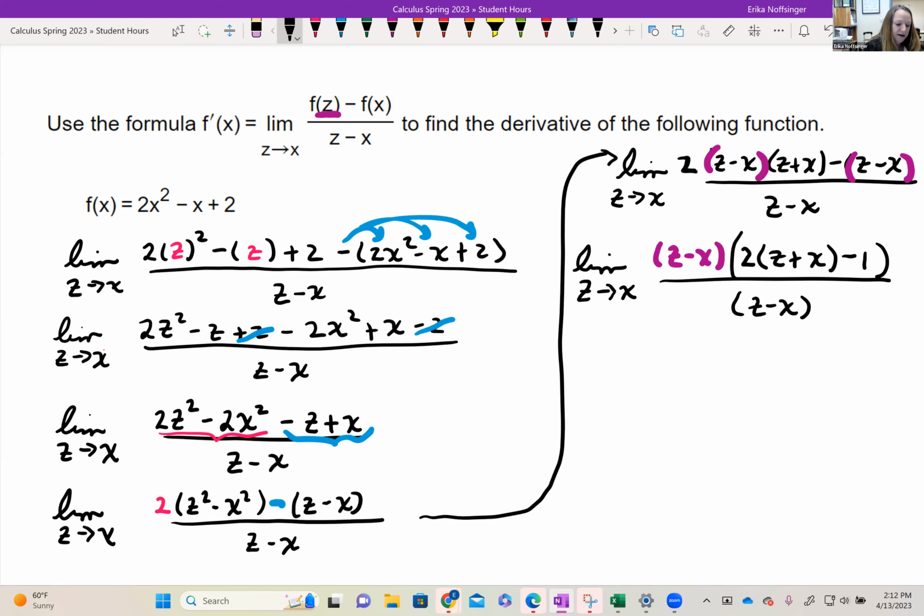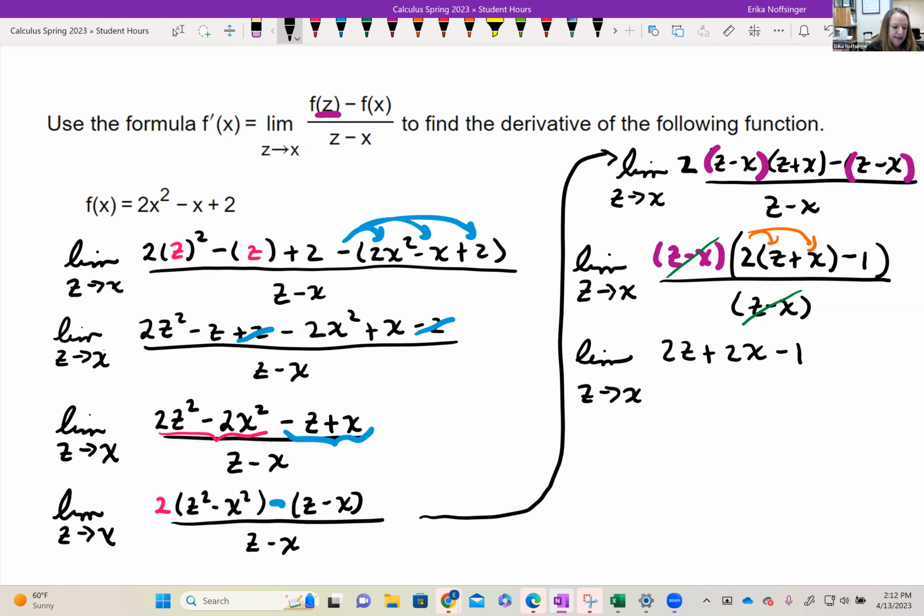So notice our factors of z minus x cancel with one another, and we're left with a limit as z is approaching x. I'm going to distribute my 2 inside the parentheses. So distributing that 2, I get 2z plus 2x minus 1.